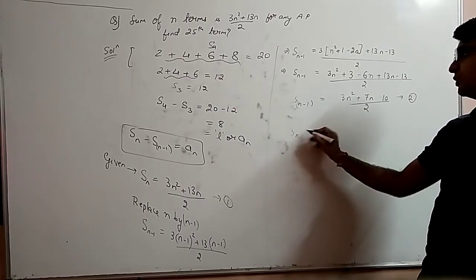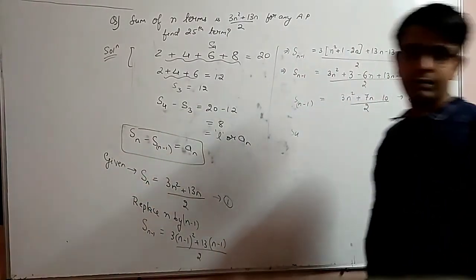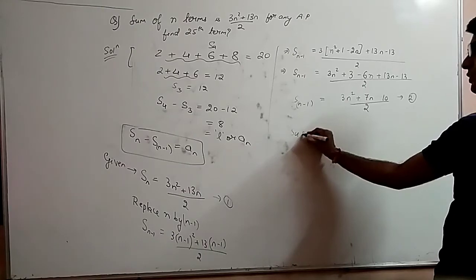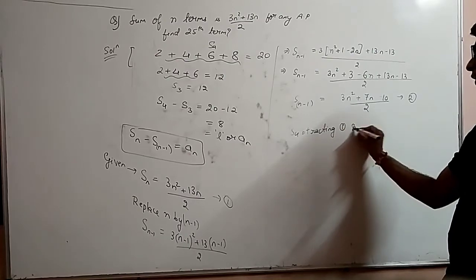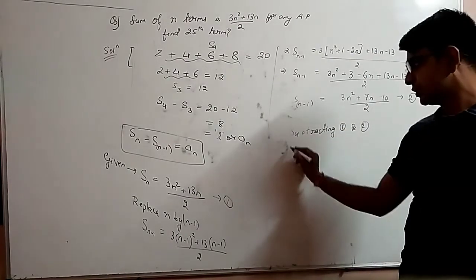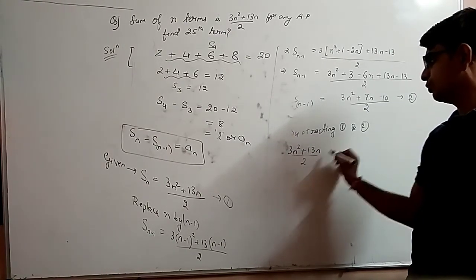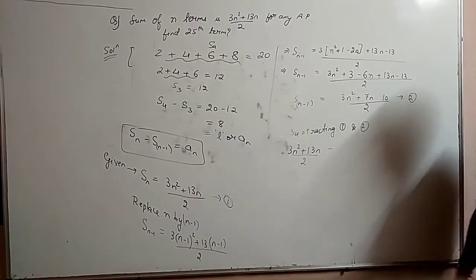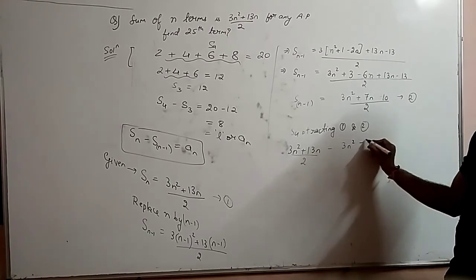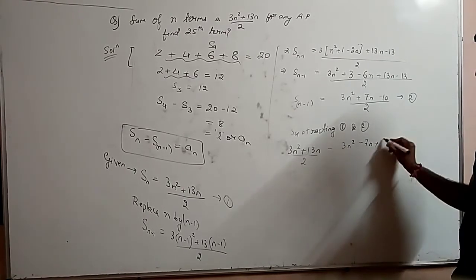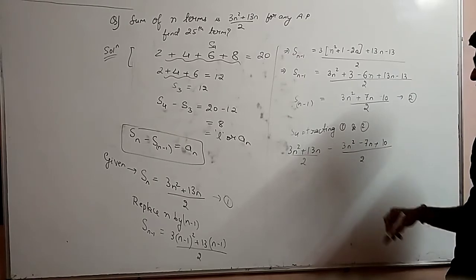Now, what I need is the sum of n terms minus the sum of n minus 1 terms. So I am just subtracting equations 1 and 2. My first equation is (3n square plus 13n) by 2 minus the second one, (3n square plus 7n minus 10), because of the minus, all the signs get changed.